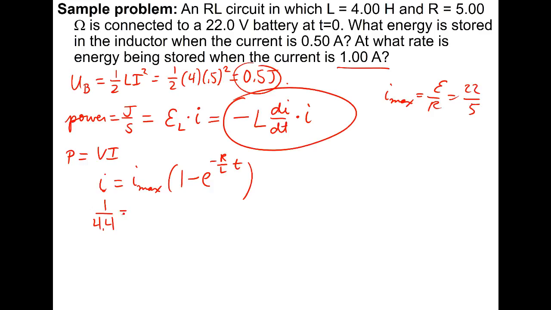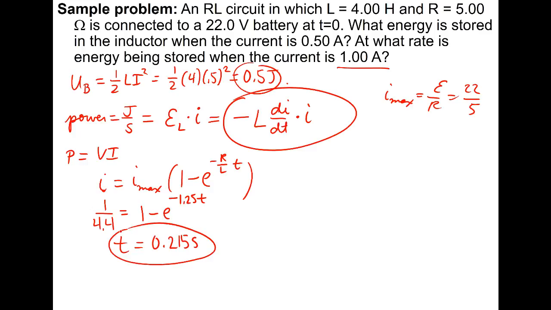So if 1 is equal to 4.4 times the exponential, and if you think about this, R over L is 1.25, 5 over 4, then we can just solve this for the time. And if you want to pause and slog through this, I invite you to. I'm not going to write out all the steps because we've done this, but the time is 0.215 seconds.